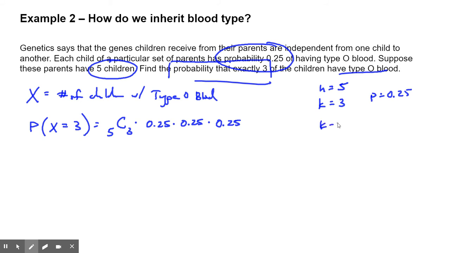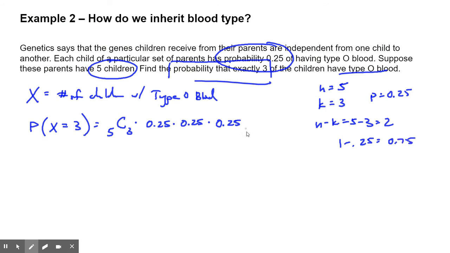That means that 2 of them are not going to have type O blood, right? n minus k is 5 minus 3, so that's 2. And to find the probability of not having type O blood, we're going to take 1 minus 0.25, and that's 0.75.